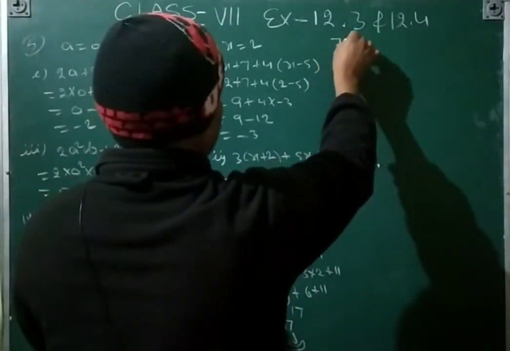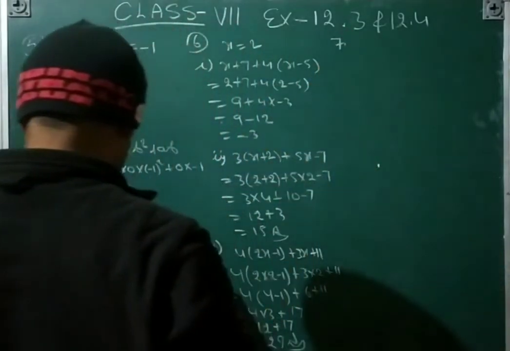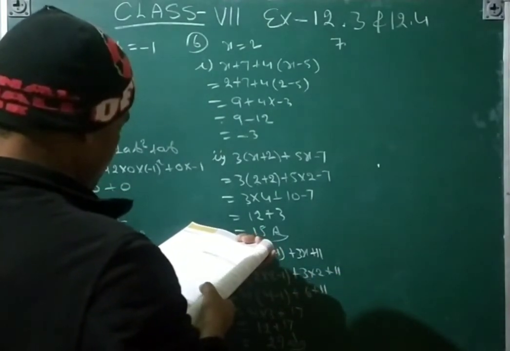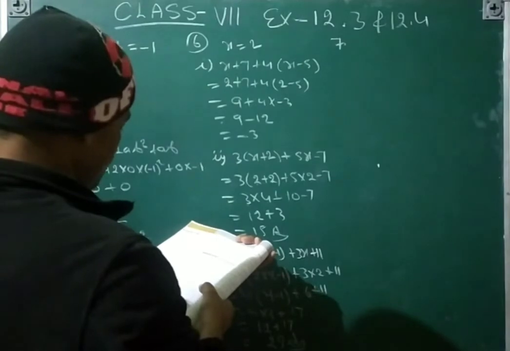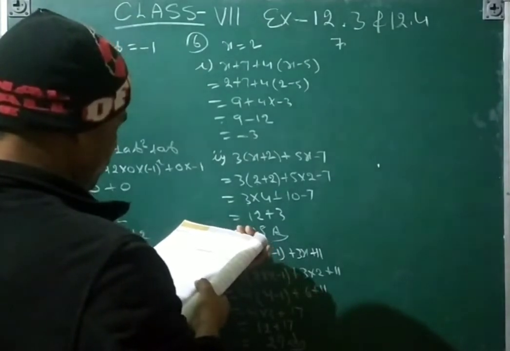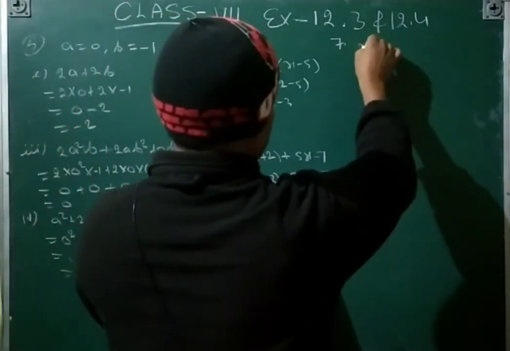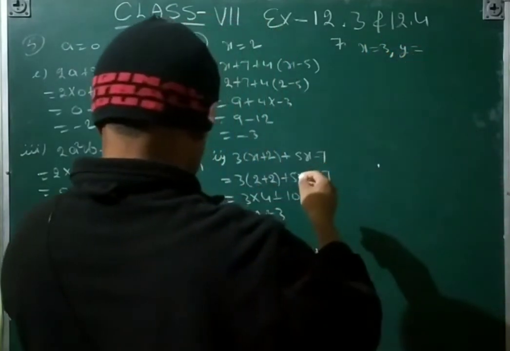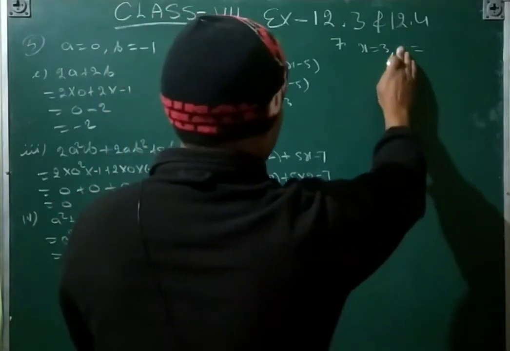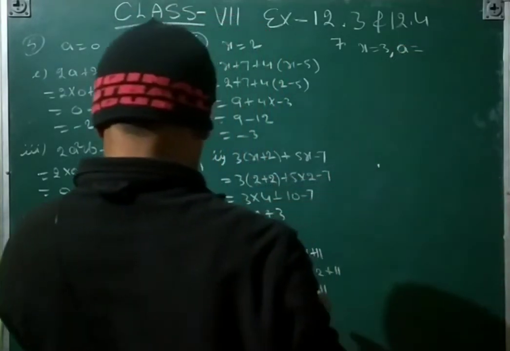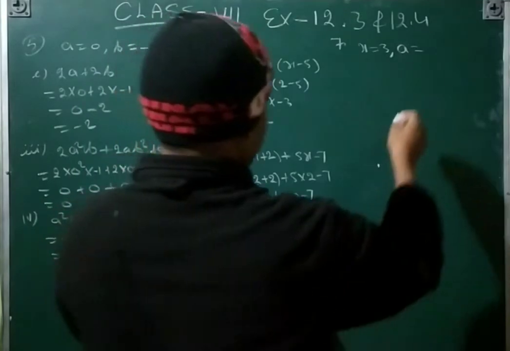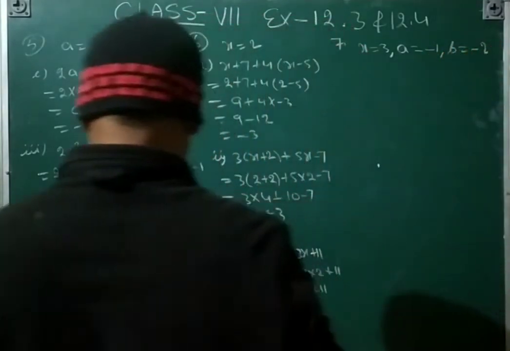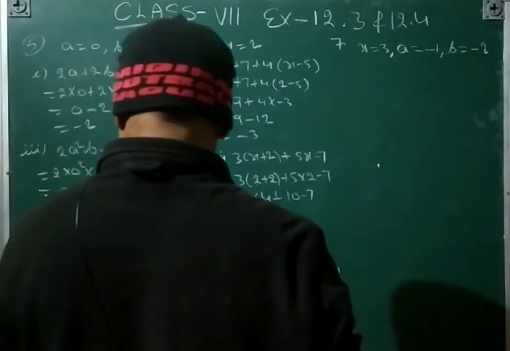Question number 7. Simplify these equations and find their value if x is equal to 3, y is equal to... a is equal to minus 1, b is equal to minus 2. First of all we will simplify.